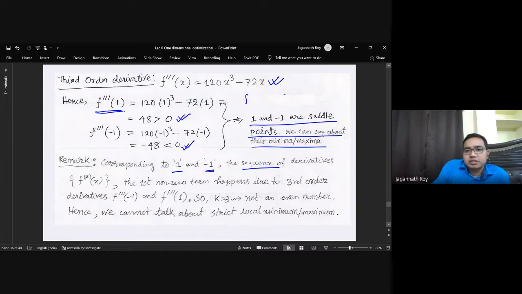Remember the sequence? F1x, F2x, F3x, F4x, and so on. The sequence of derivatives.